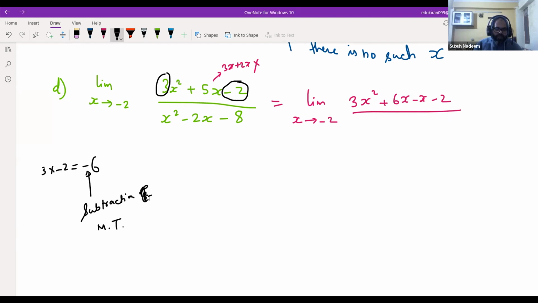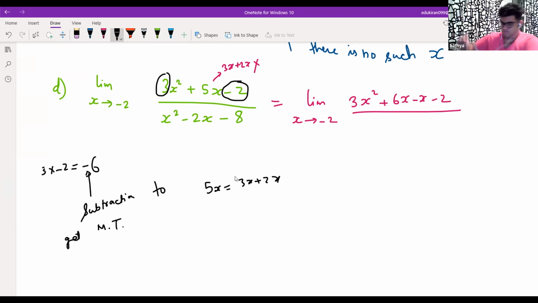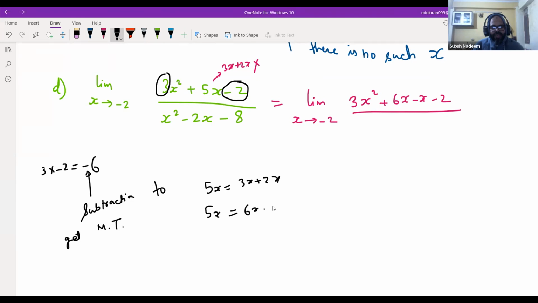One way was 5x equal to 3x plus 2x, but that is addition, and you have a into c as 3 into -2, which is -6. So basically this will be subtraction. So we will write 5x as 6x minus x.